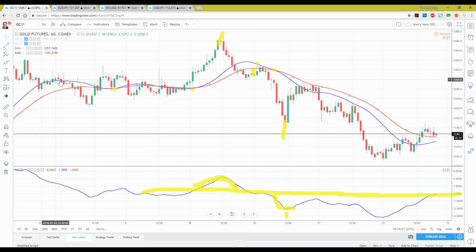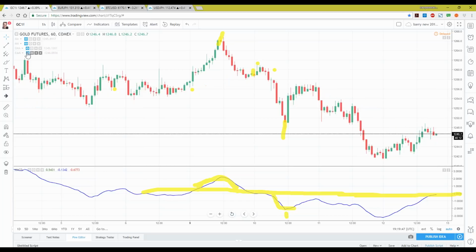Here we see the blue line over the red line, or the faster larger than the slower, and this is why it's above. So all of that information on those two moving averages is contained down below in this MACD line.